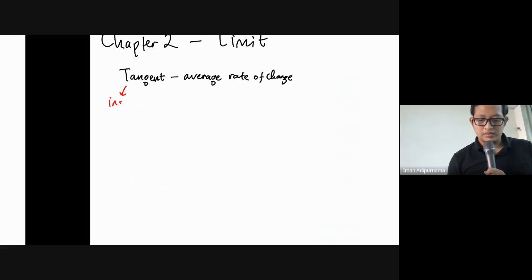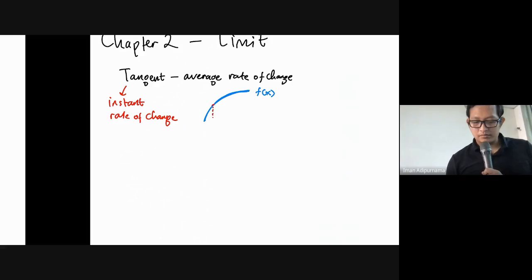Tangent is the instant rate of change. What is the difference? We have a function like this. The tangent at maybe here at A is this line.